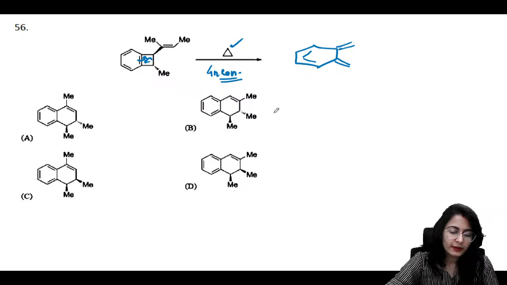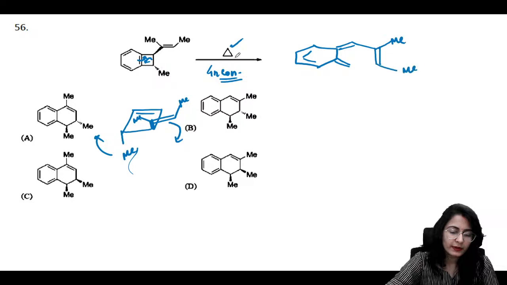Now, what is the stereochemistry? It is con-rotatory. See, if this ring is considered like this, one group is upward, this methyl group is above the plane and the other methyl is below the plane like this. Then how will con-rotatory move them? Either you move them in this direction, this is also con-rotatory.